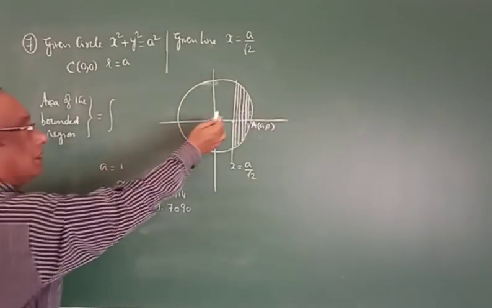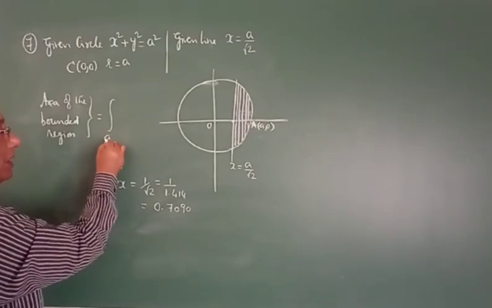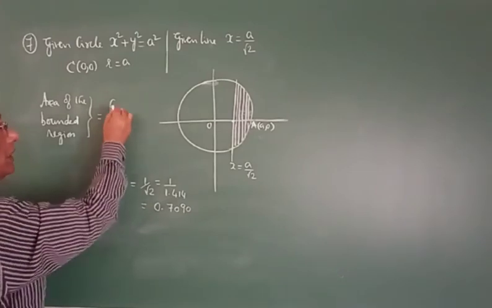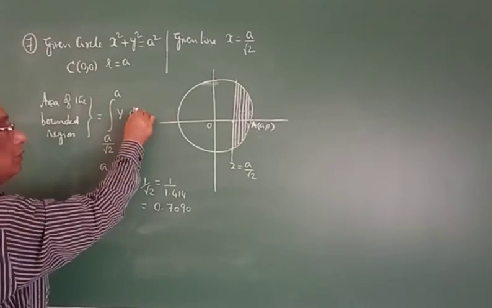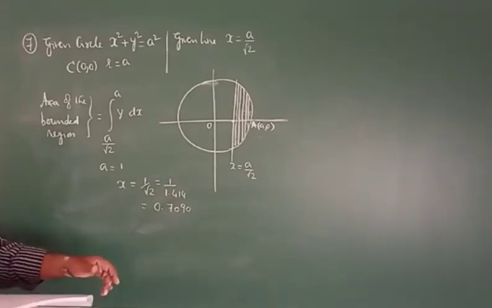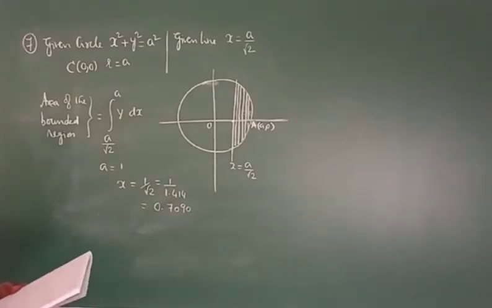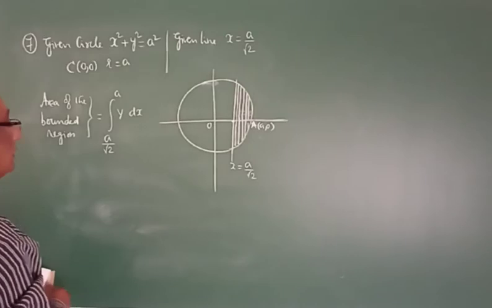Integral of the smallest part, this area, from a by root 2 to a, y into dx. Find the y value from the circle equation.